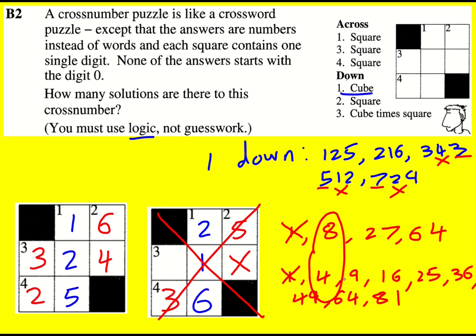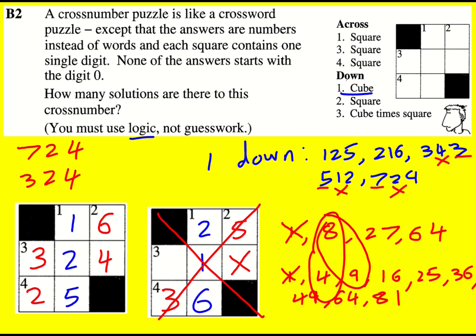I've dealt with the 8. The 8 could also go with the 9 to give 72. So we've got 724 and 324. We just need to check if those are square numbers now. We'll do that in a second. And then 27 times 4 is already too big, and that's it. So basically, those are our two options.